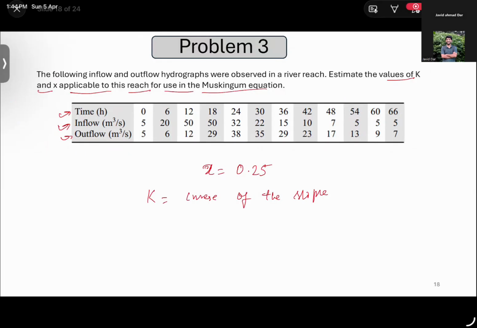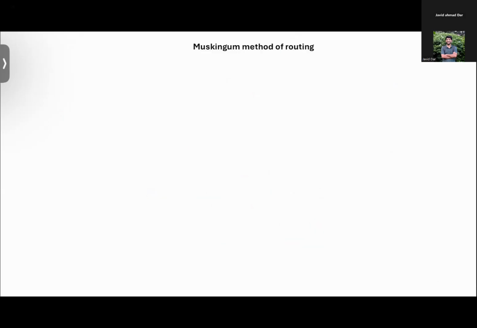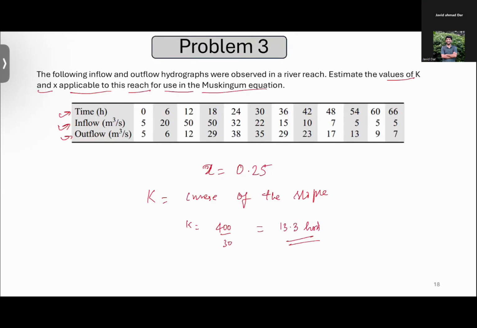So the K value in this case will be 400 divided by 30, and you get a value of 318.3 hours. So any doubts on this problem?